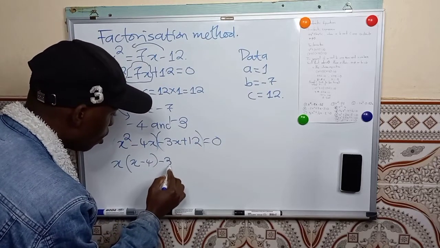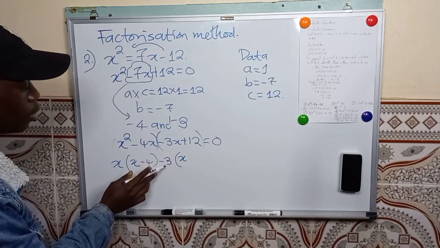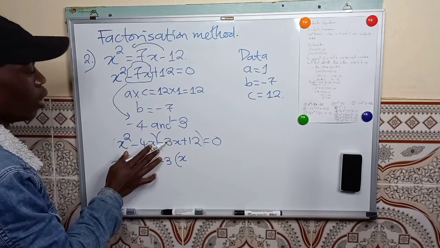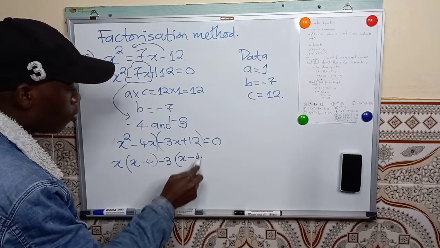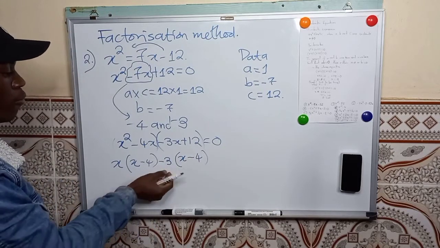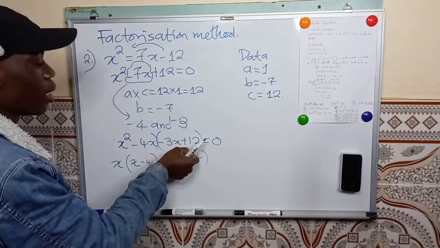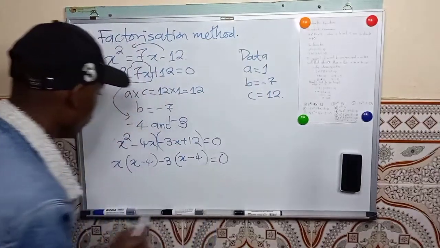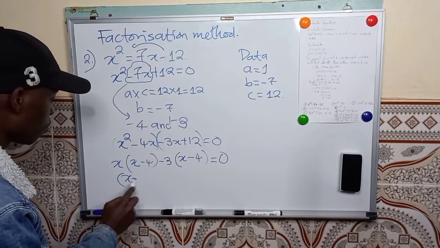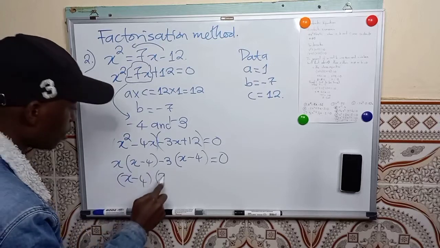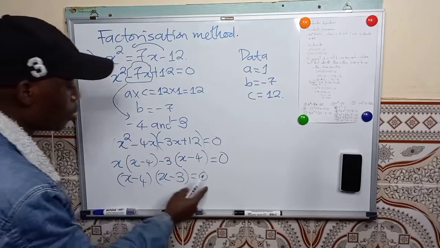So we have -3, and we remain with x minus 4, so that when you multiply -3 times x, you get back to -3x. The reason why it's minus is because we've factored out -3. So negative times negative will give us back our positive 12, is equal to 0. So you factor out what is common. x minus 4 is common, and our remainder is x minus 3, which is equal to 0. Like I said, you equate this to 0 and that to 0.